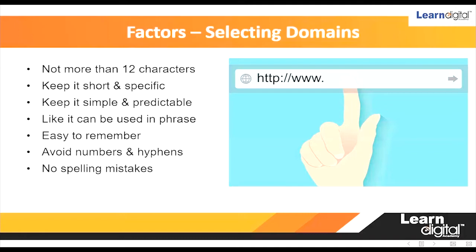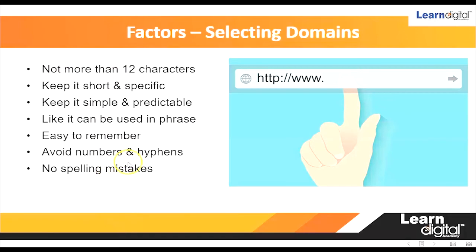Although you can go more than 12, but why 12 here? Because it's a short name, right? Keep it short and specific. Why short? Because it is easy to remember, right? It is simple and predictable as well. In fact, you can use a phrase, rhyming types of words, for your website as well, right?